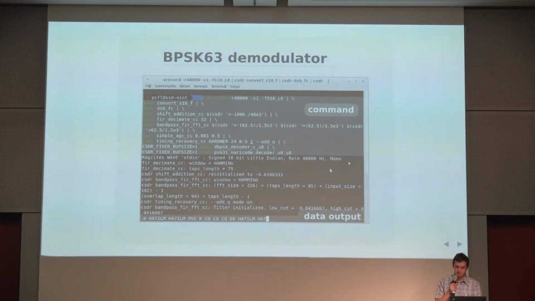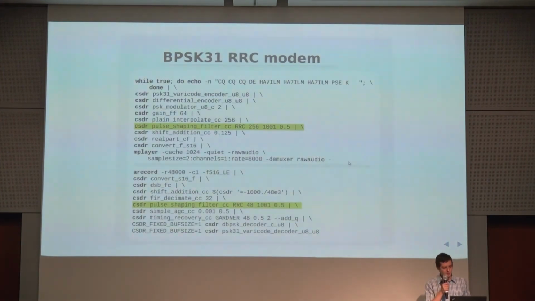And then another thing is that by changing a command a bit, it's also easy to derive new modes. So for example, here I decided to replace the cosine shape that's used in BPSK31 by default with a root raised cosine pulse shape or filters.